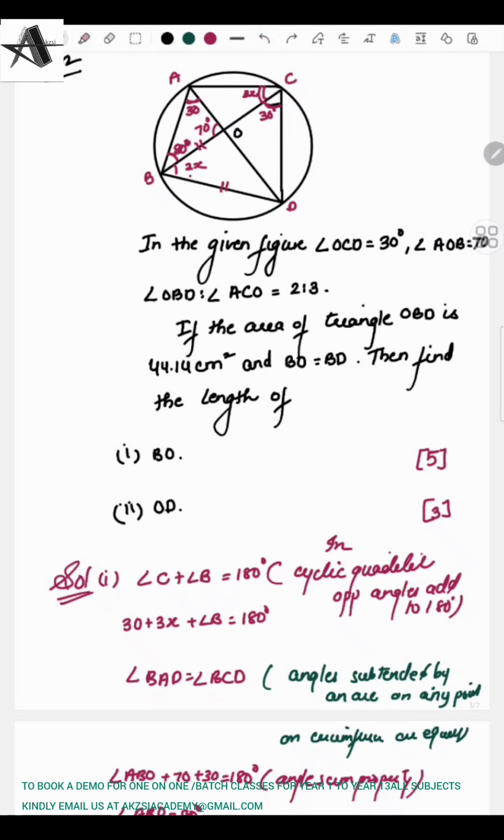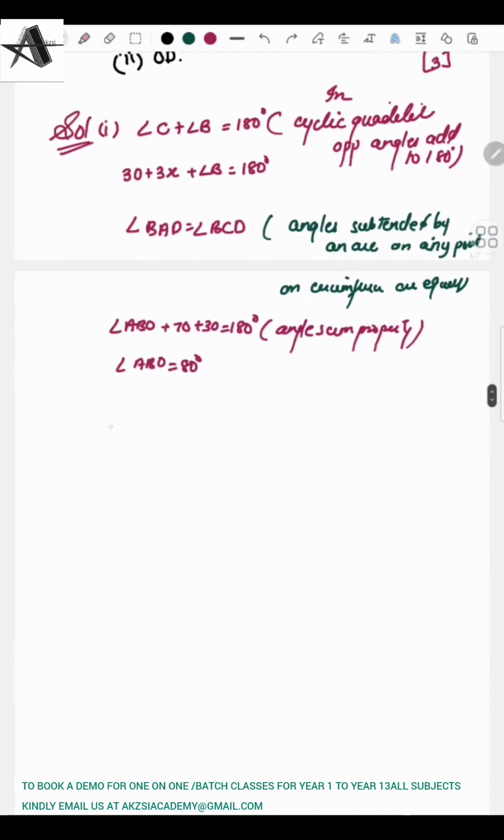Now I can write it down, because we know opposite angles add up to 180 degrees. So 30 plus 3x makes angle C, and 80 plus 2x makes angle B. So again I can say 30 plus 3x and 80 plus 2x is equal to 180 degrees. This is 5x plus 110 is equal to 180, 5x is equal to 70, and finally x is equal to 70 over 5, which is 14.